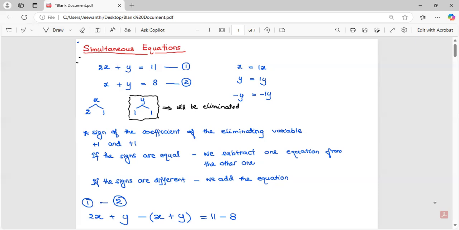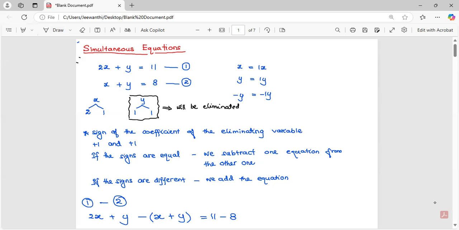After deciding the eliminating letter, we look at the sign of the coefficient of the eliminating variable. If the signs are equal, we subtract one equation from the other one, and if the signs are different, we add the equations. That is the rule. Here positive 1 and positive 1, the signs are equal.